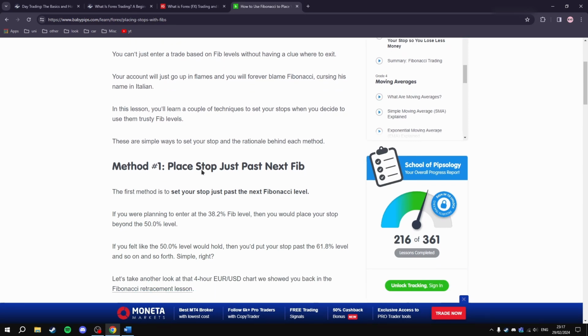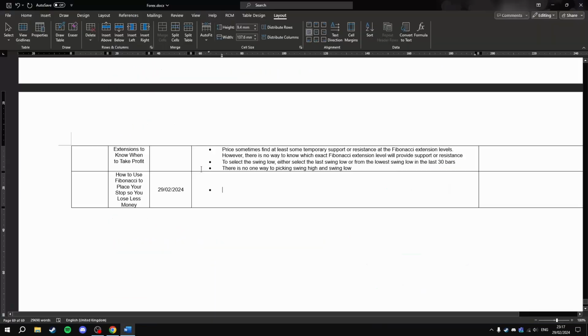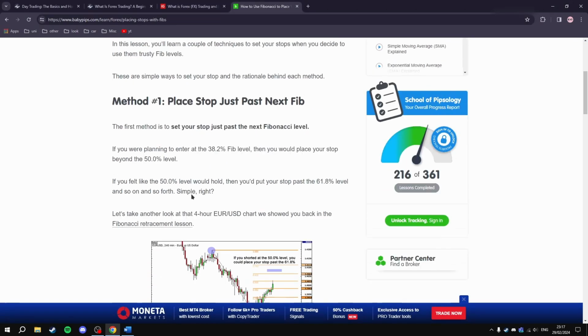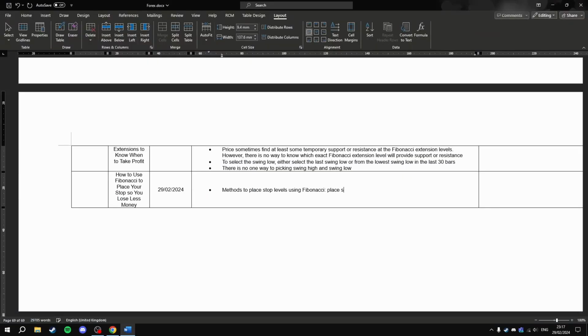Method 1. Place stop just past next Fibonacci level.